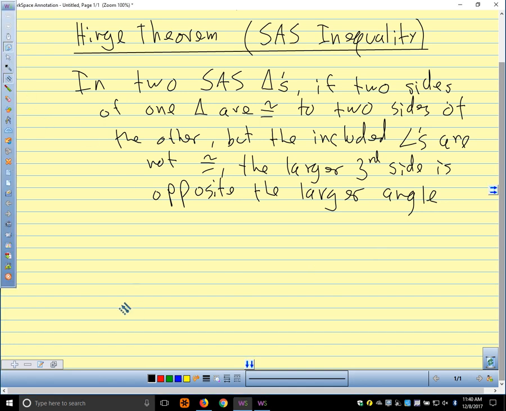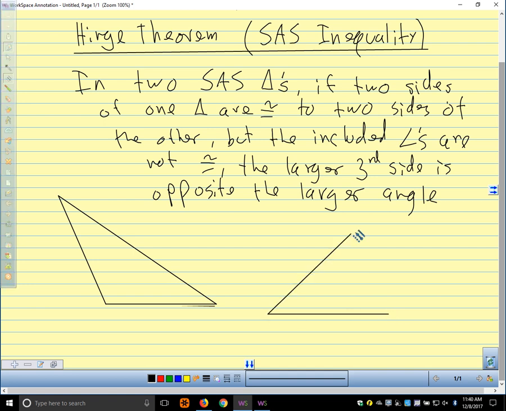So if we draw a picture, and the picture I think will help us, we'll know why we call this the Hinge theorem. So I have two triangles like so, and we're saying that we have these two sides congruent. I need to connect this. And these sides congruent.